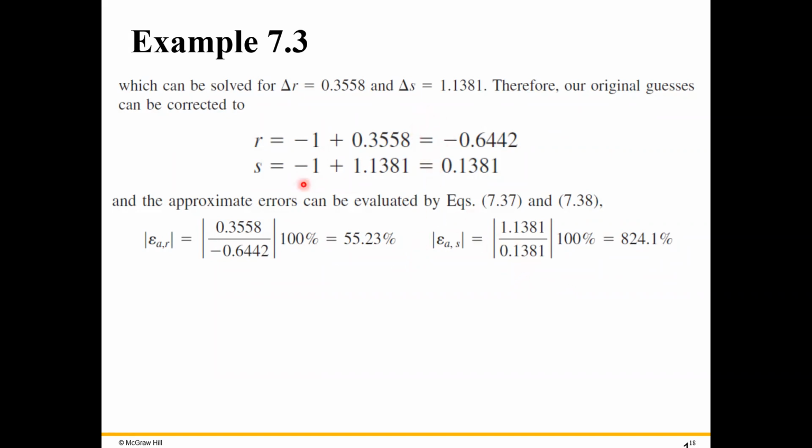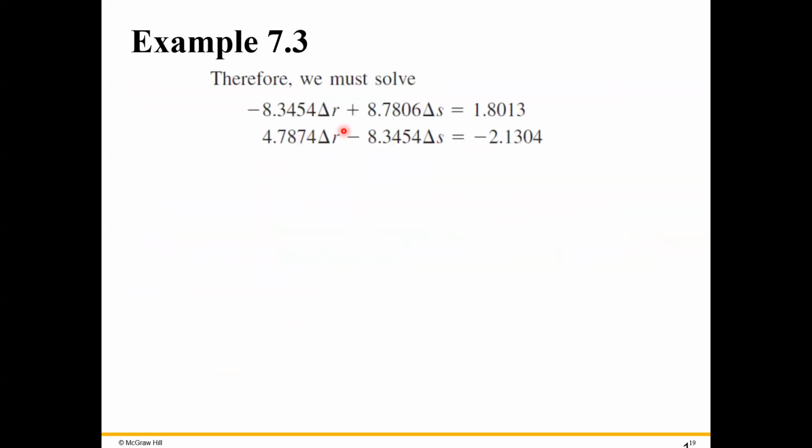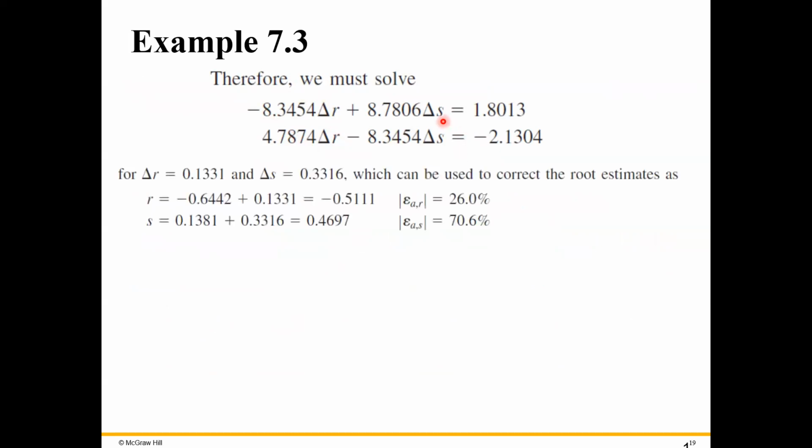With these new values of R and S, you will find the values of the B and C coefficients again, and then you will solve a new set of these delta R and delta S equations. And then in the second step, we will find delta R will be this and delta S will be this.